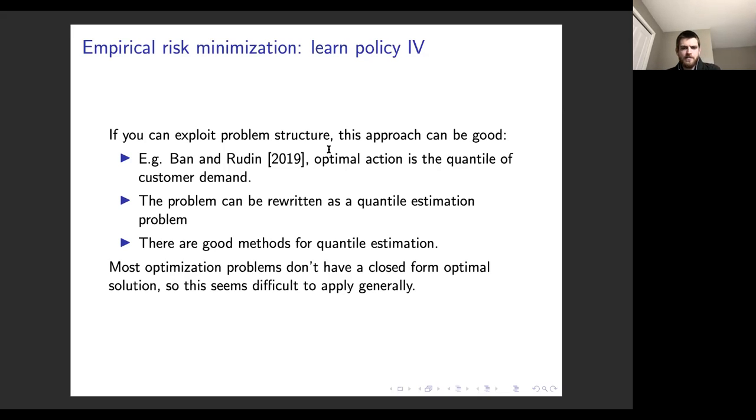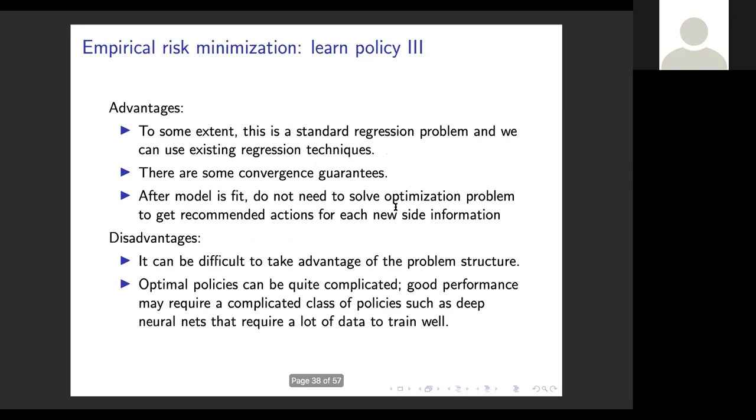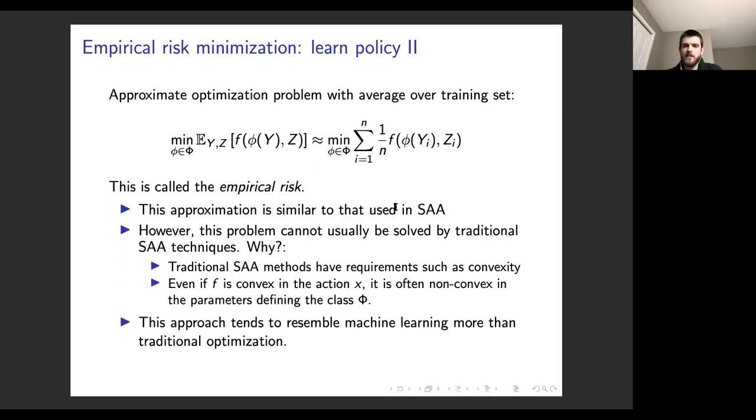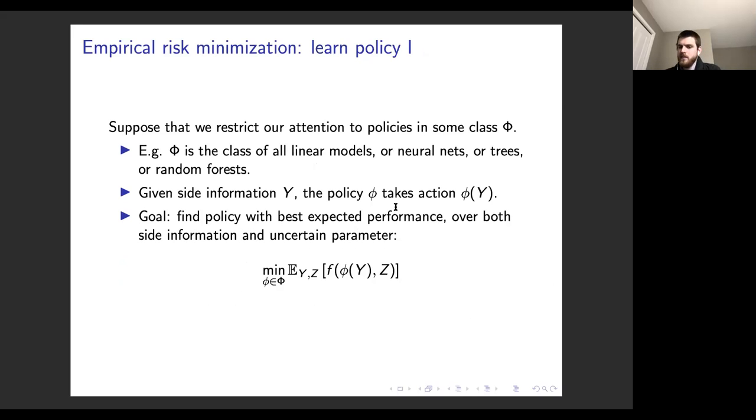So questions on this? So the phi function here is like a mapping from your side information to the action, right? Yeah, that's correct. Because your phi belongs to a set, this capital phi, do you have any information about how you typically construct such a set for the phi function?